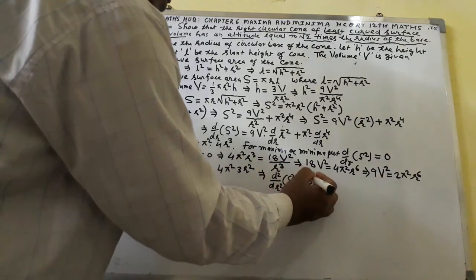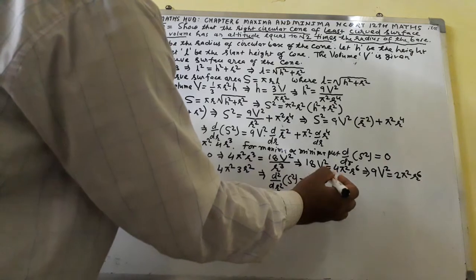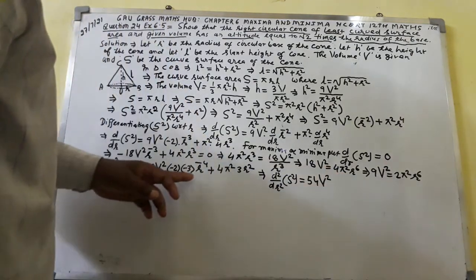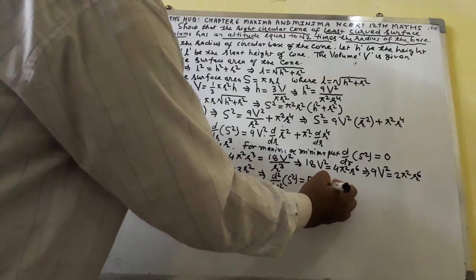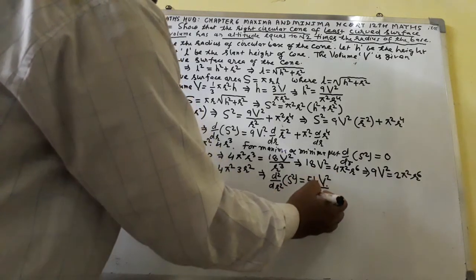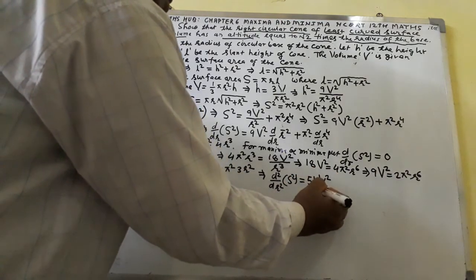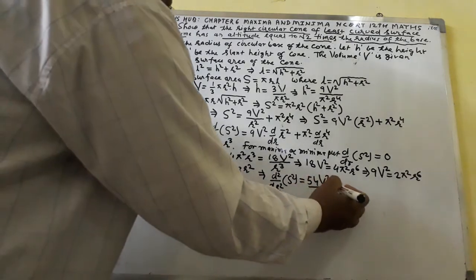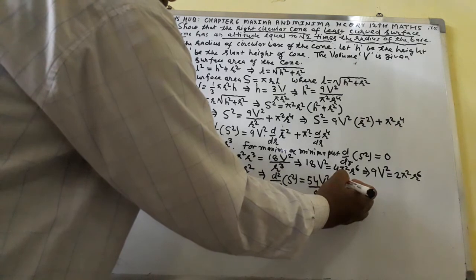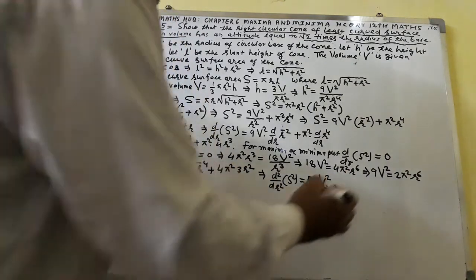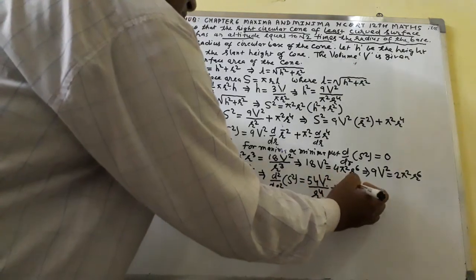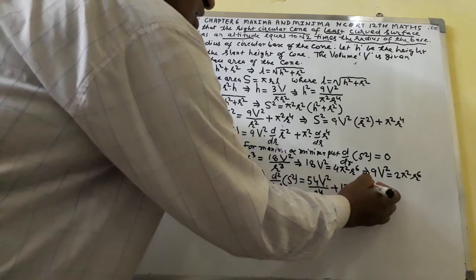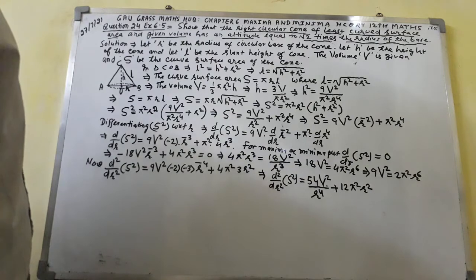So here write 54 V square over R raised to the power 4 we will get, and here plus 12, 4 3s are 12, 12 pi square R square. This thing we will get.